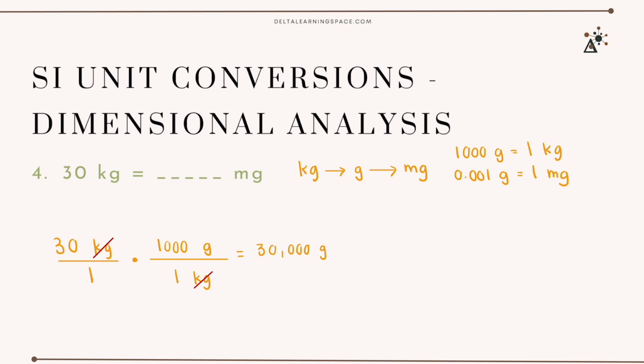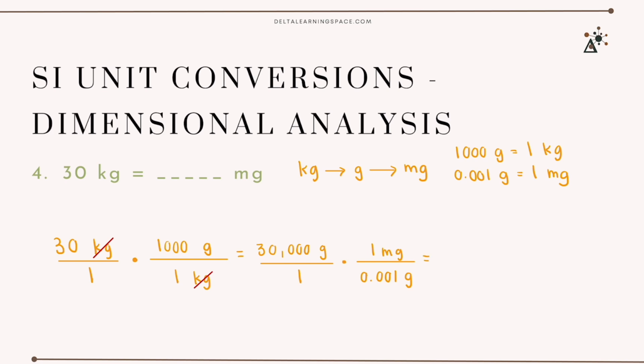And now this will be my new given as I go from grams to milligrams. I have 30,000 grams and I'm going to put that over 1, set up my multiplication, and write my second conversion factor as a fraction. But I want to cancel out grams, so that is going to go in our denominator, 0.001 gram. And my 1 milligram will go on top. And I am going to do this math, which essentially comes down to 30,000 divided by 0.001.